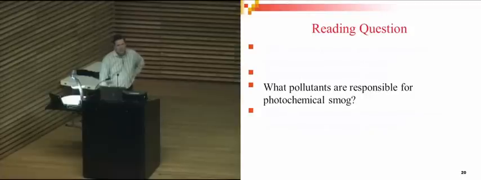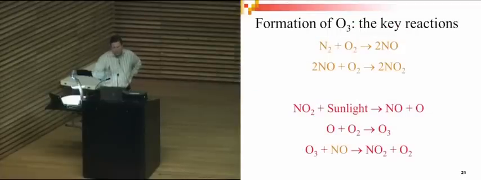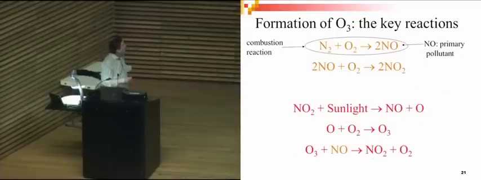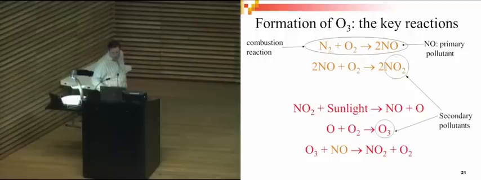So we talked a bit about the chemicals that are responsible for smog production. When we combust air, we use air for combustion. It's a mix of primarily nitrogen and oxygen. Well, that combustion will cause the formation of NO, which is our primary pollutant. But the NO can combine further with oxygen to form NO2.